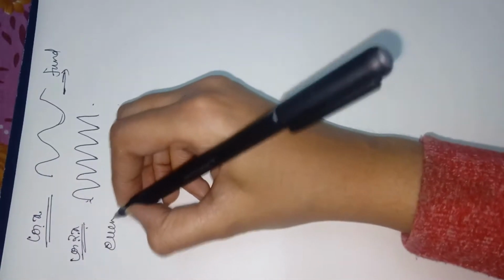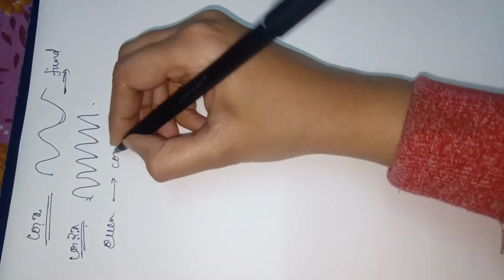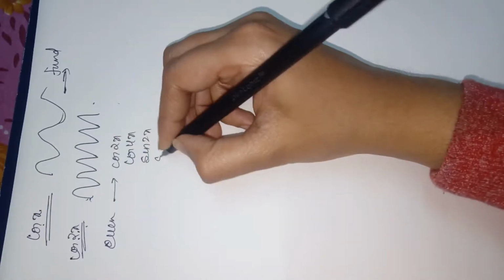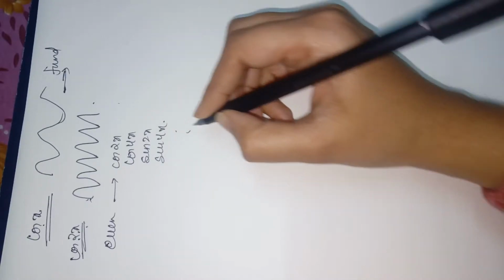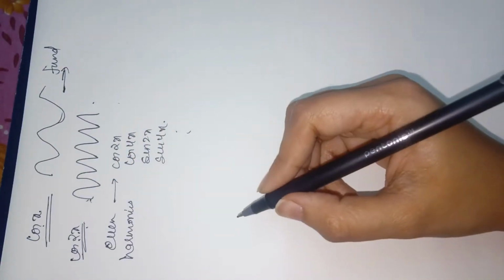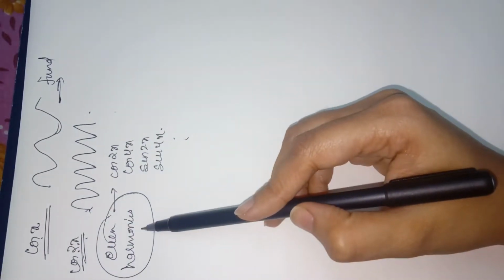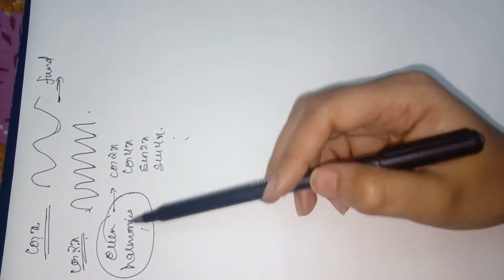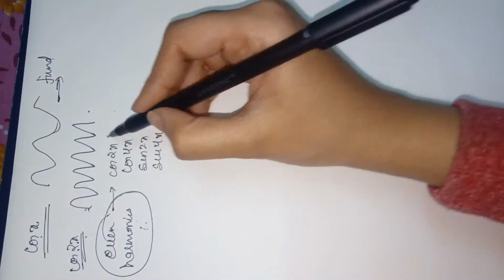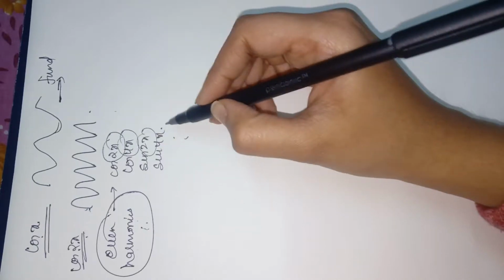When I say even harmonics, it means cos 2x, cos 4x, sine 2x, sine 4x, like that. Remember, even harmonics, I'm not saying even function. The silly mistake that people can make here is to confuse even function with even harmonics. Even harmonics means whatever function you have, the inside multipliers would be even.